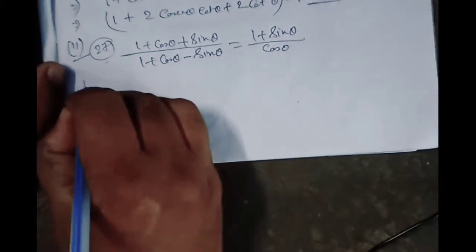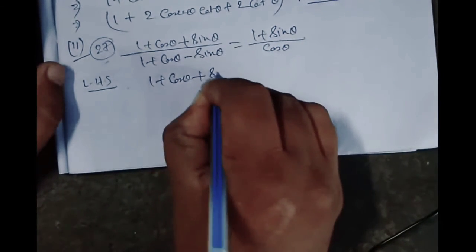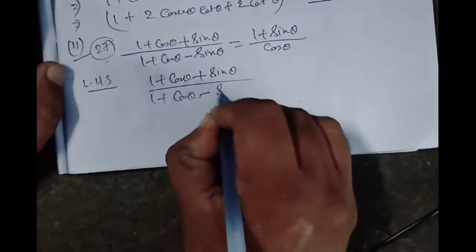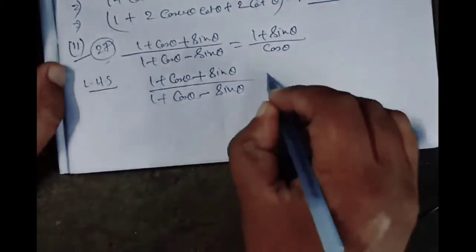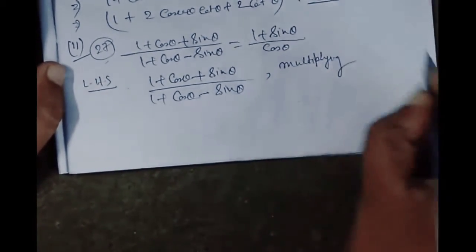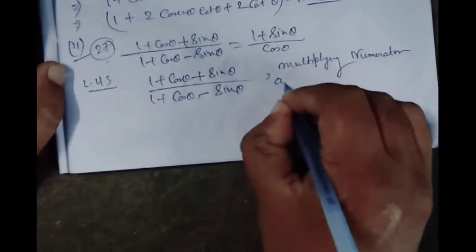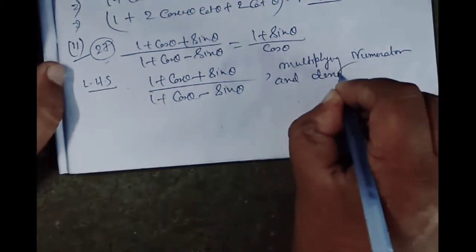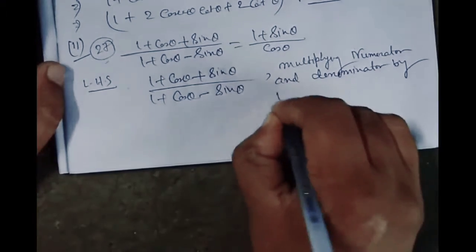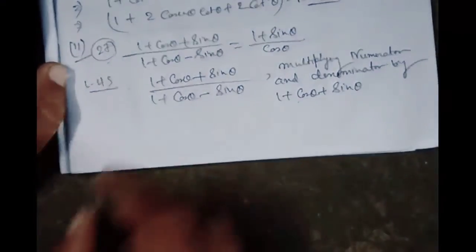Now first take the LHS, 1 plus cos theta plus sin theta over 1 plus cos theta minus sin theta. Now multiplying numerator and denominator by 1 plus cos theta plus sin theta.